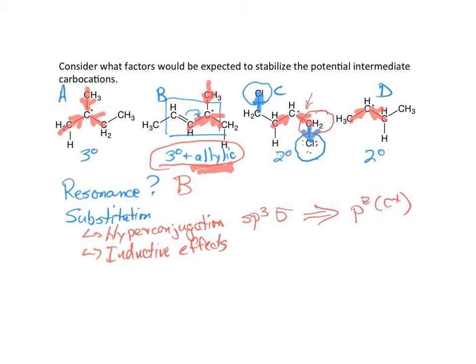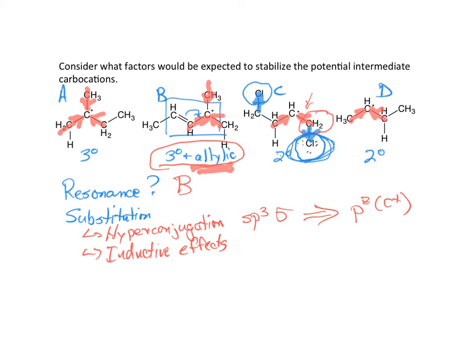So we have to think about the inductive effect, and the electronegativity of these chlorines affects the ability of this carbon to stabilize the carbocation through the inductive effect. It's losing electron density to the chlorine, so it doesn't have as much electron density to donate to the carbocation.